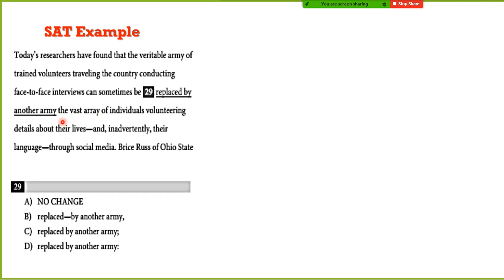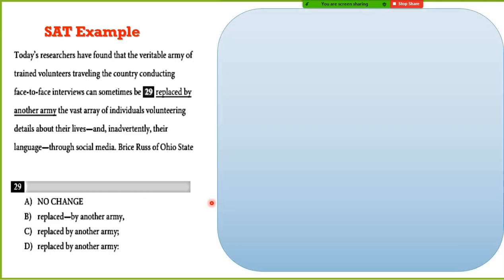Isn't this extra information or explanation for what he mentioned, replacing by another army? So after the word army, we should add. Miss, last answer, it will be number D. Yes, that's right. Excellent.